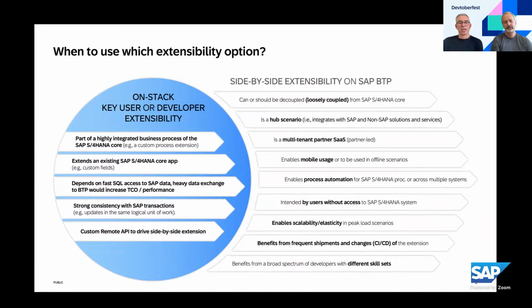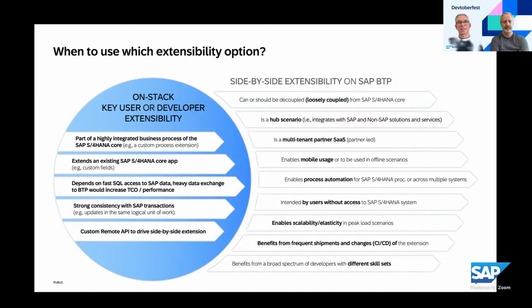For example, if you write an extension where your extension data and the data that you're using from standard S4 functionality, for example, a purchase requisition, needs to be saved or rolled back together, so you have to be in the same logical unit of work or transaction, then you really want to do your extension on the on-stack side with the ABAP Cloud programming model.